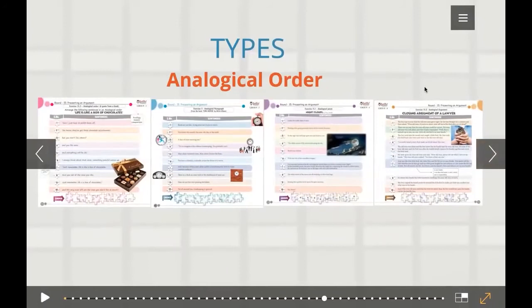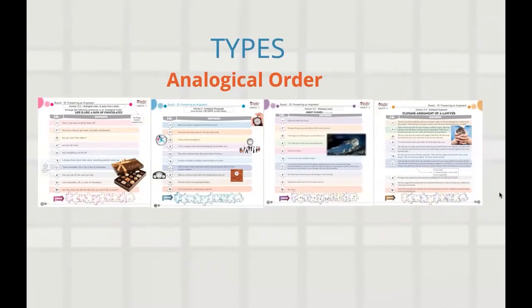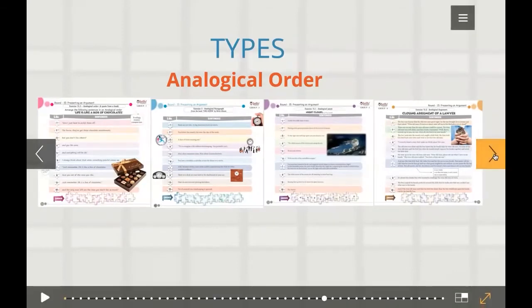Finally, we have here the closing argument of a lawyer, where he compares the condition of the person who is about to be convicted to a little bird that is in the hands of a little boy who has hidden that bird in his hand. This is for group number 8, I think. It's a very interesting one. I think group 8 students will enjoy it. So we have different types of ordering, as you can see here.